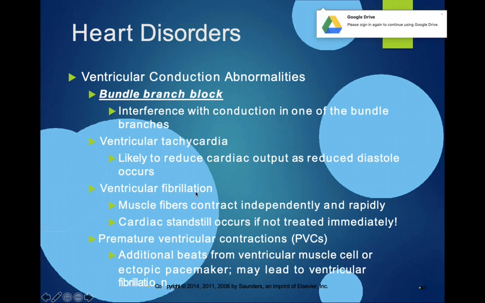Ventricular fibrillation is where muscle fibers contract independently and rapidly, and cardiac standstill occurs if not treated immediately. Then there are premature ventricular contractions, where there are additional beats from ventricular muscle cells or an ectopic pacemaker, and that may lead to ventricular fibrillation.